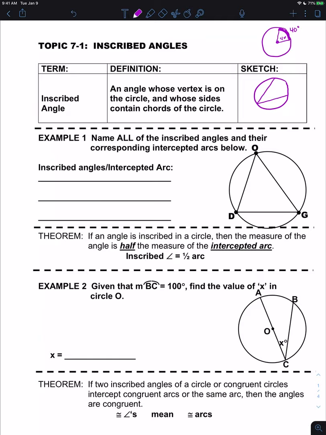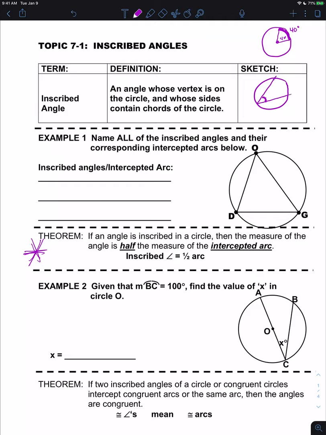That is what an inscribed angle is. And the rule, the theorem, is that this angle is 1/2 the arc angle.